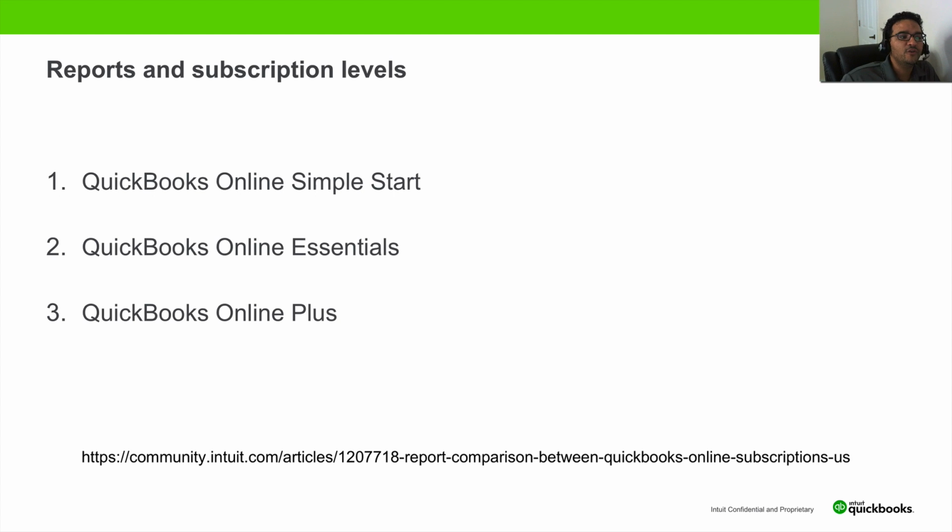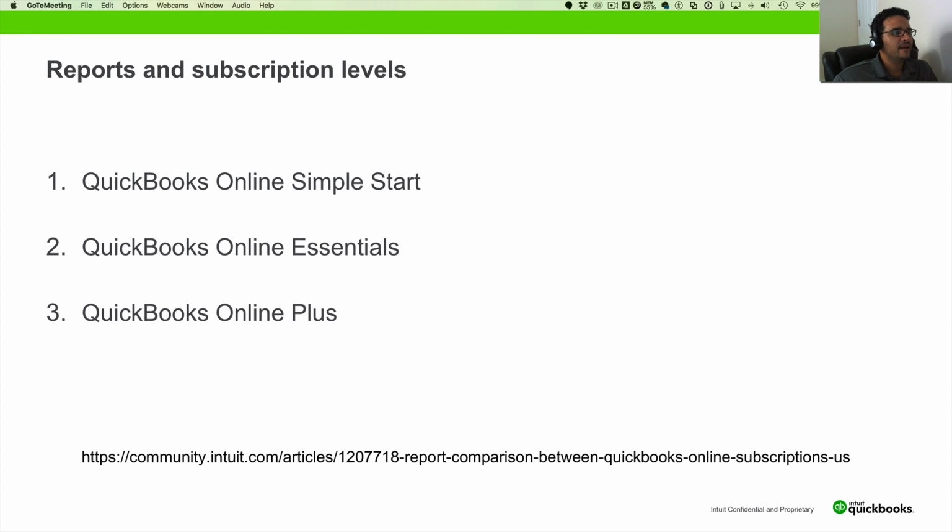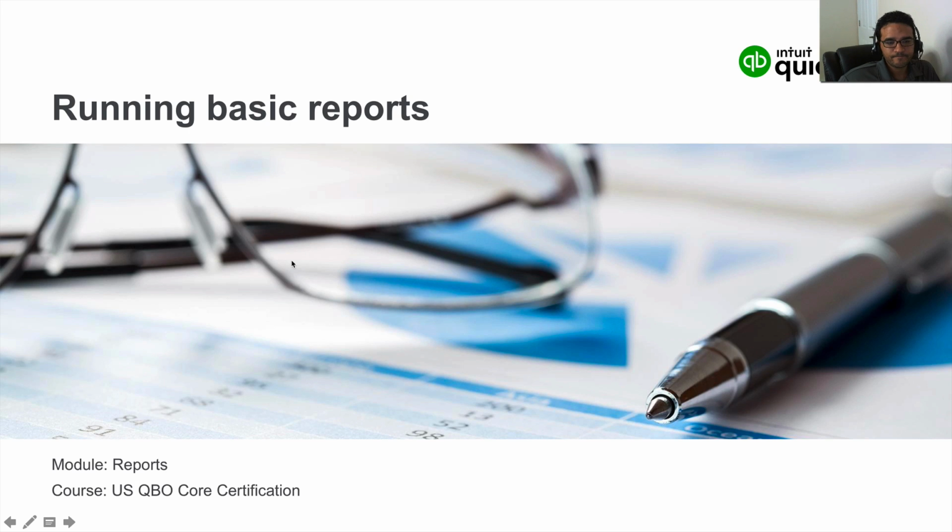For example, you need to have QuickBooks Online Essentials or Plus if you want to track accounts payable. Therefore, you would not see any accounts payable type of reports inside of QuickBooks Online Simple Start. You would have to be in Essentials or Plus to see this type of thing. So the reports also follow the type of functionality or limited functionality that QuickBooks has.